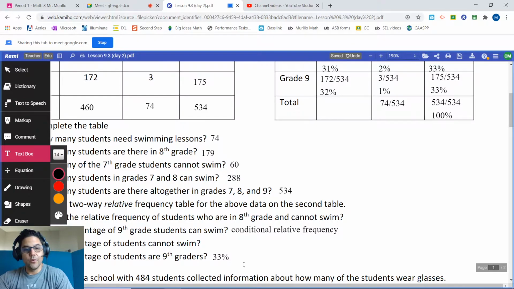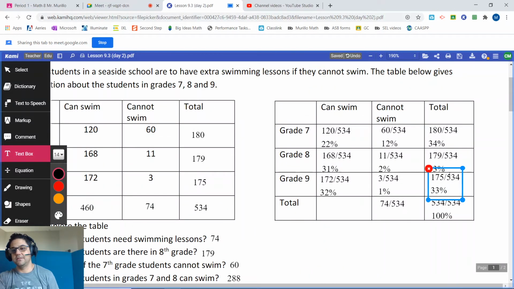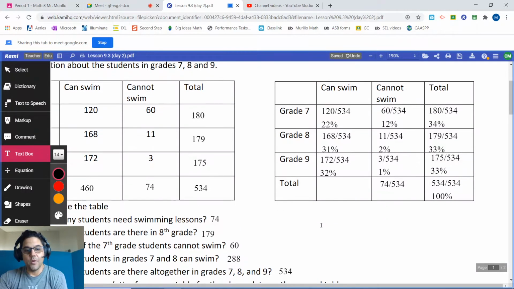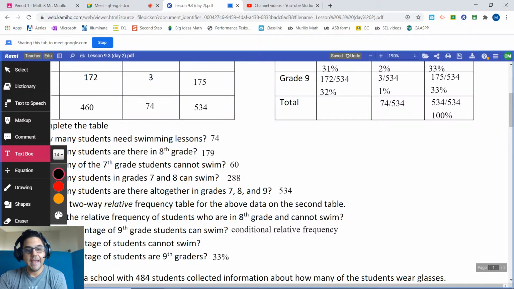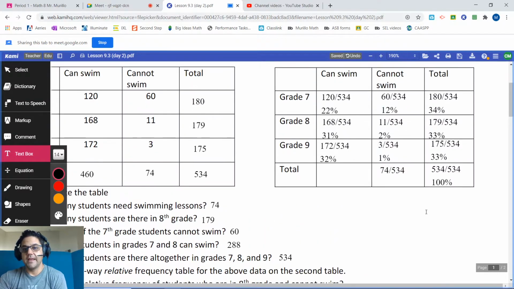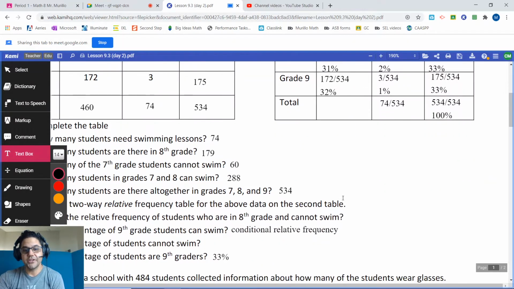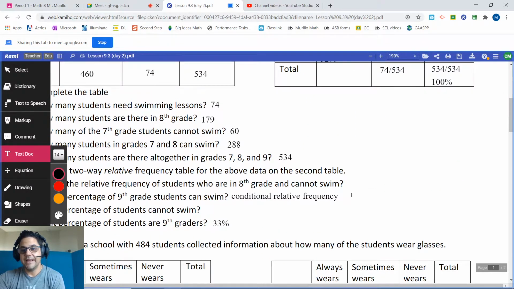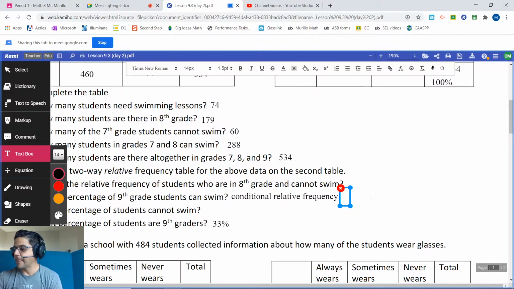It says, what percentage of ninth grade students? So we're only talking about ninth graders. So there's 175 ninth graders. And it wants us to know, again, can swim. The students in ninth grade who can swim are 172. So this is actually going to be a really high percentage, as it should be in Southern California. 172 divided by 175.